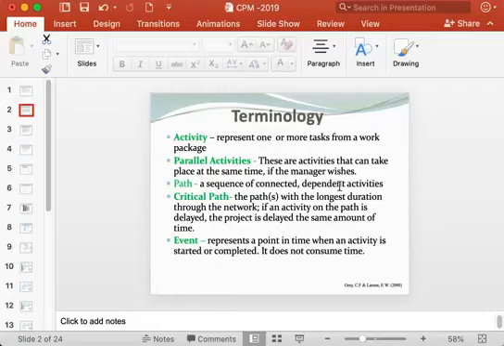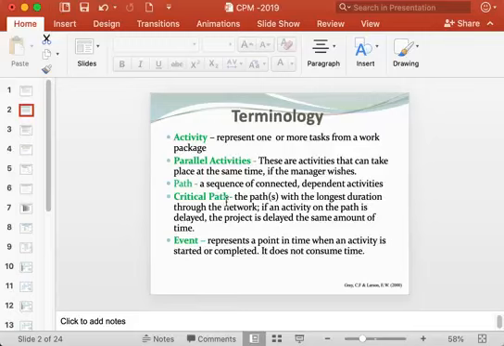So on the project network, you will come across parallel activities, path, critical path, and events. So that is why the introduction of terminology is kept.